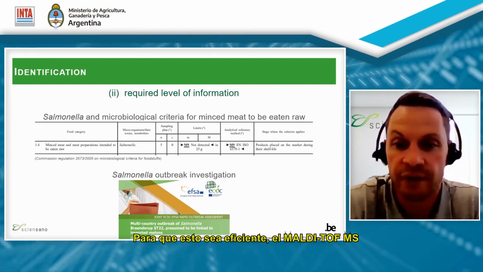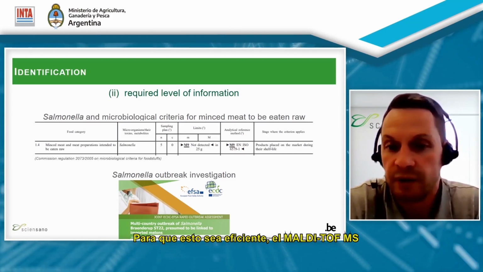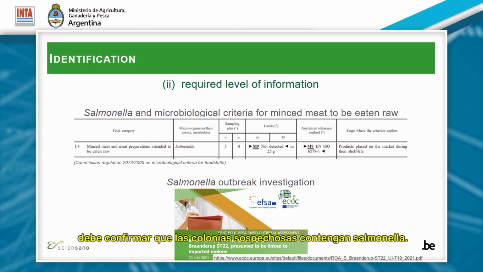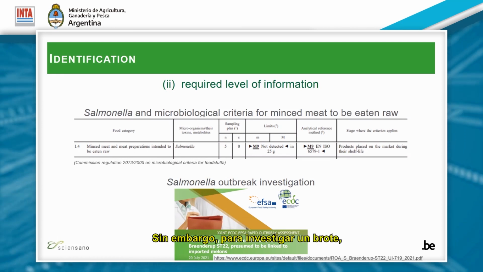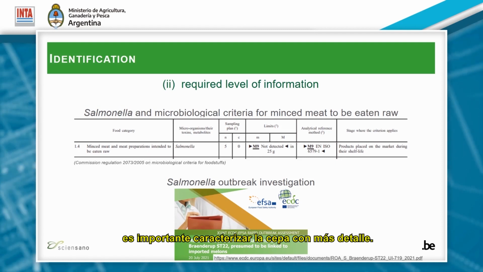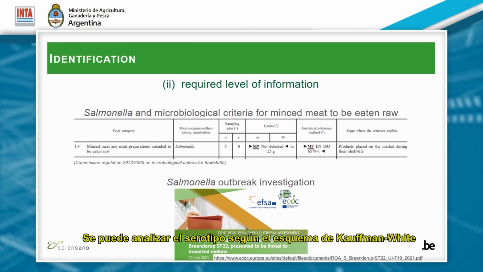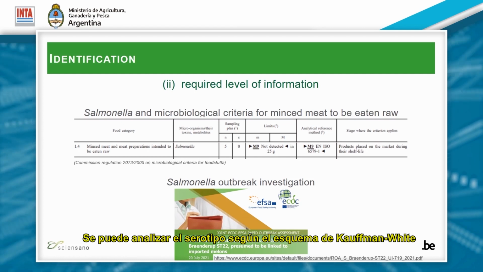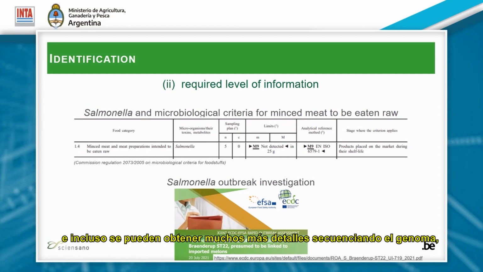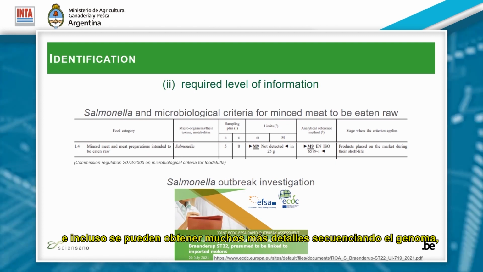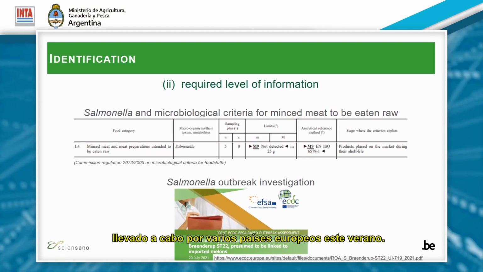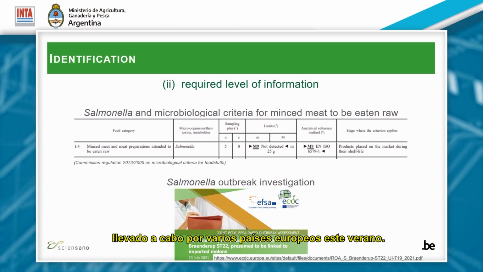For this, it is sufficient that, for example, with MALDI-TOF MS, suspected colonies are confirmed as being Salmonella. However, for outbreak investigation, it's important to characterize the strain in much more detail. We can do serotyping according to the Kaufmann-White scheme, and we can even go much more in detail using whole genome sequencing, as was done during a recent multi-country outbreak investigation this summer in Europe.